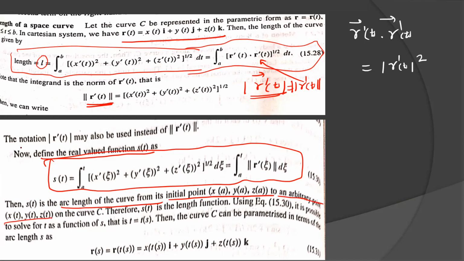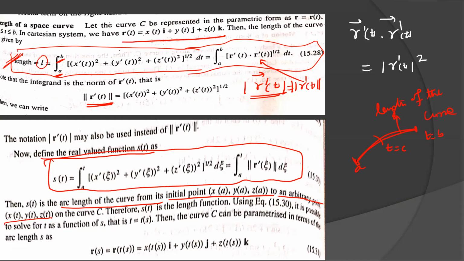But in the length of the space curve, you know t is from a to b. In the arc length, you can find the arc length from a to some point, then you can take the upper limit of t as, suppose, c, but the final limit is b. A to b will give you the length of the curve.